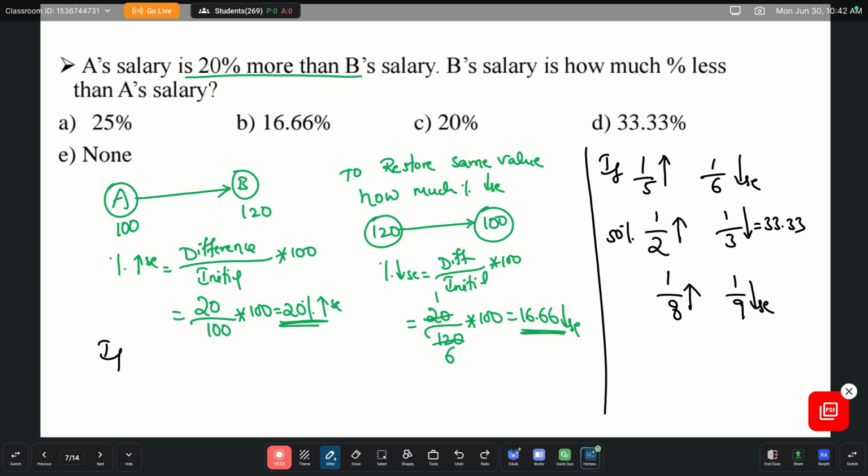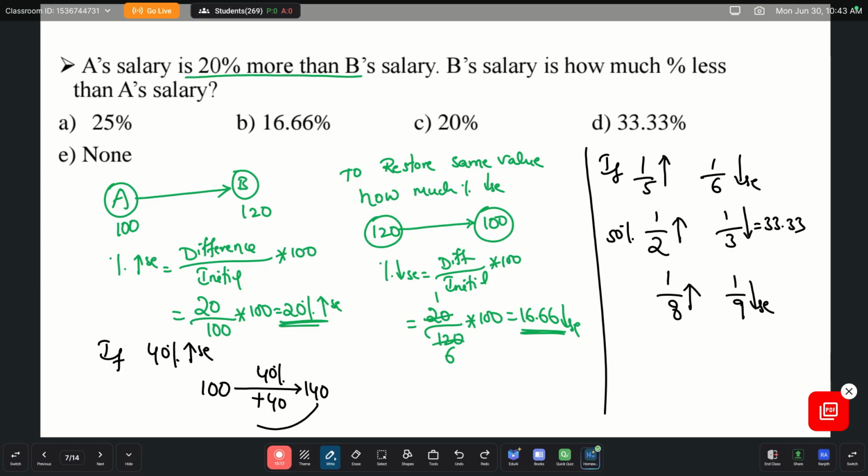Next, if 40% is increase, 40% increase is nothing but 100 to 40. 40% of 100 equals 40. 100 plus 40 will be equal to 140.